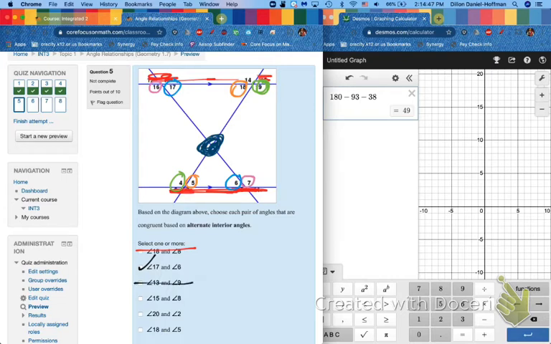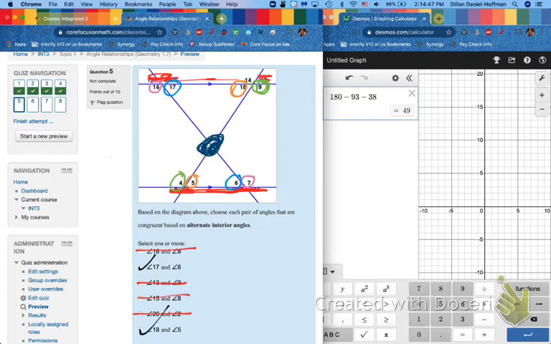They must be exterior. Nope. 15 and 8. Let's be consistent and put that in red. Again, I don't see them in my drawn ones, so they're not. 20 and 2. Nope, also not. 18 and 5. 18's in orange, 5's in orange. Ding, ding, ding. Those are our two pairs.